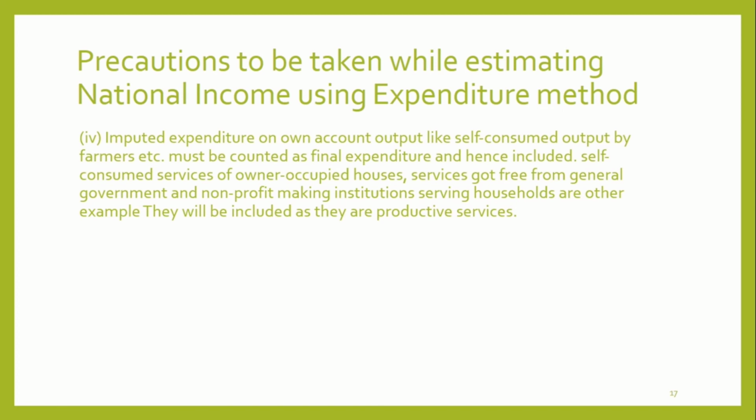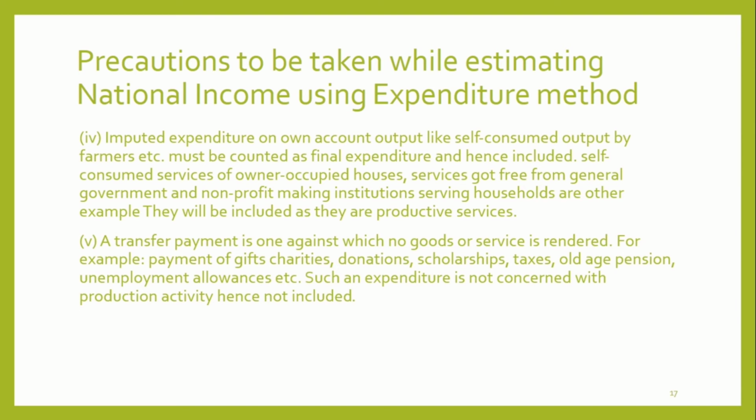Imputed expenditure on account of output, like self-consumed output by farmers etc., must be counted as final expenditure and hence included. Self-consumed services of owner-occupied houses, services got free from general government and non-profit making institutions serving households, for example, will be included as they are productive services.